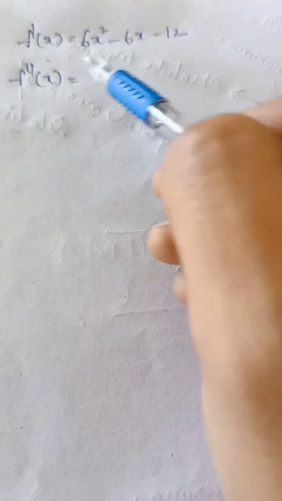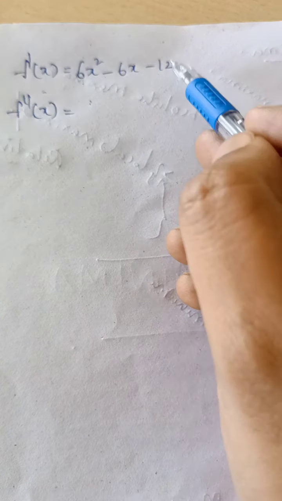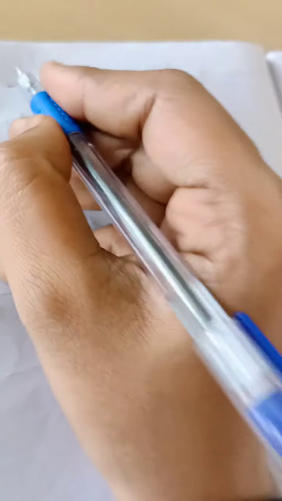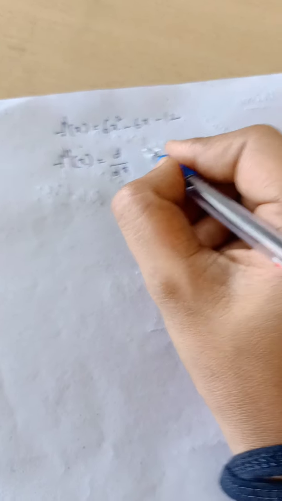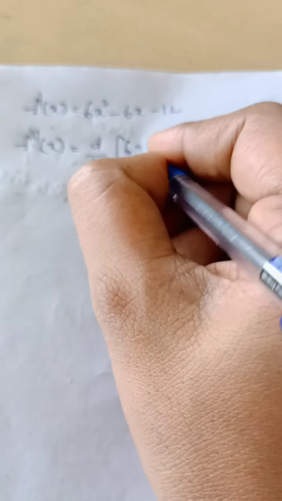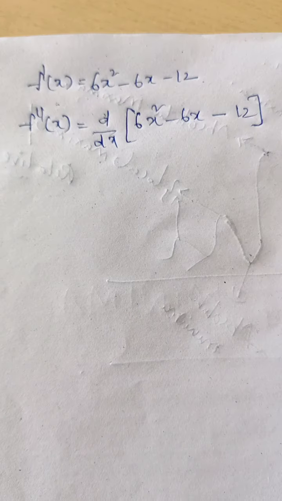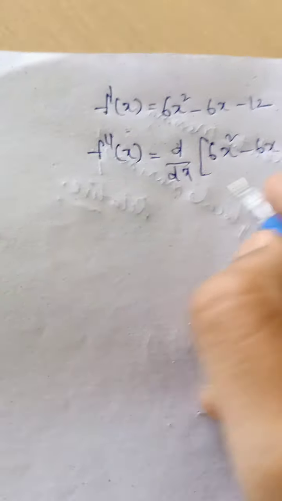So again for this function, f dash of x, we have to do the derivation: d by dx of 6x square minus 6x minus 12. We can write the derivation separately.